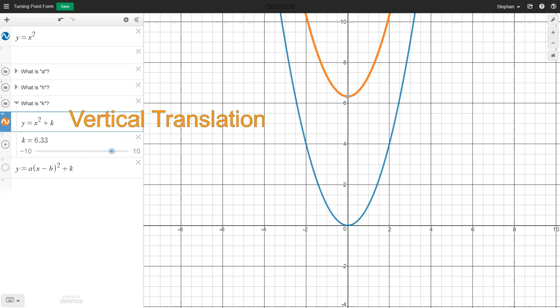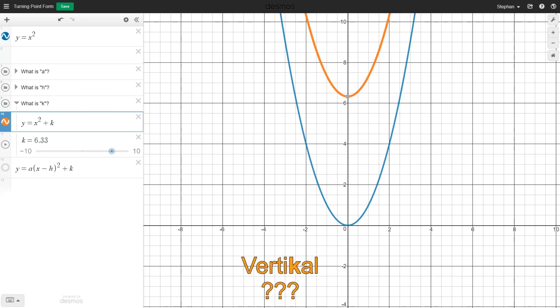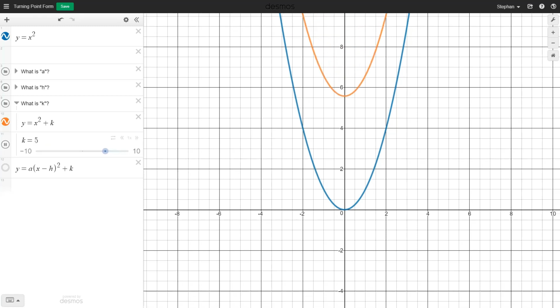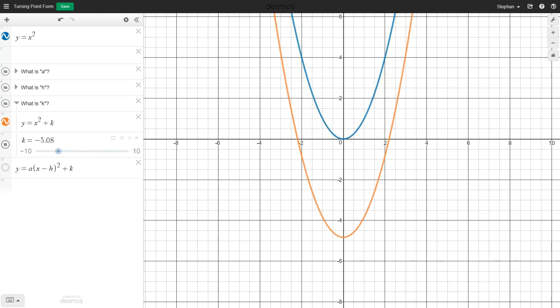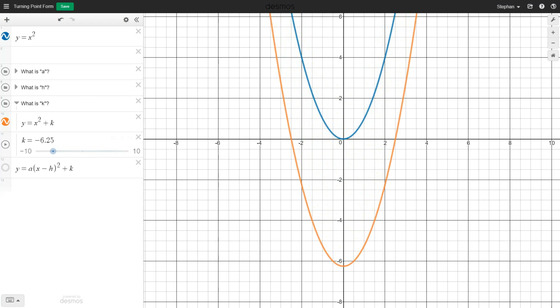This is a vertical translation. H for horizontal, K for vertical. Basically, if that number gets bigger, the graph moves in the positive direction. And naturally, if the number decreases, in other words, when K is a negative value, the graph goes into the negative half of the axis.